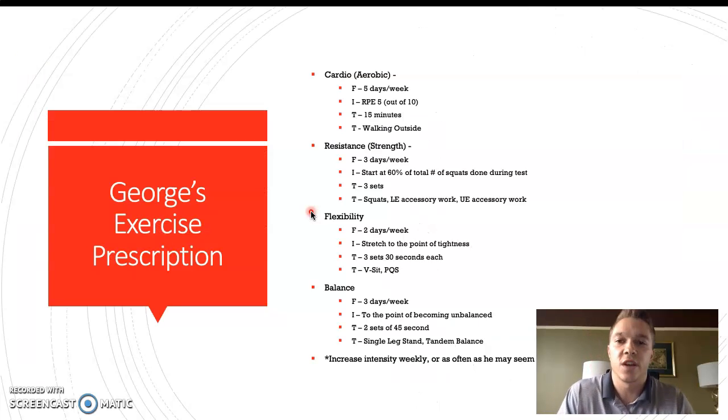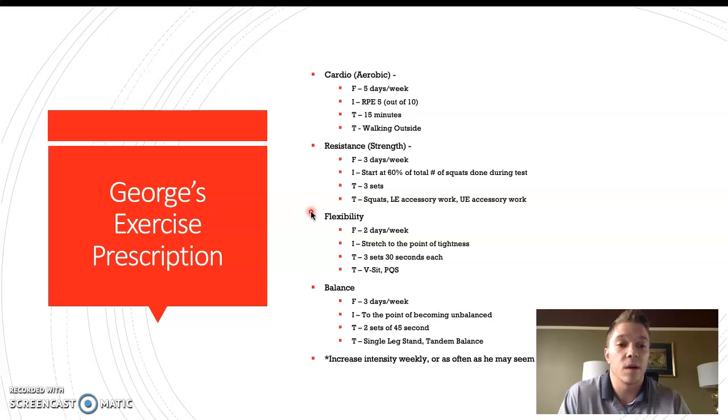So we'll see here on the next page, we have George's exercise prescription. So for his cardio exercise, we're going to have him do 5 days a week at an RPE of 5. Just a light walk outside for about 15 minutes a day to start. For resistance training, we're going to have him do squats, lower extremity work, and upper extremity work 3 days a week.